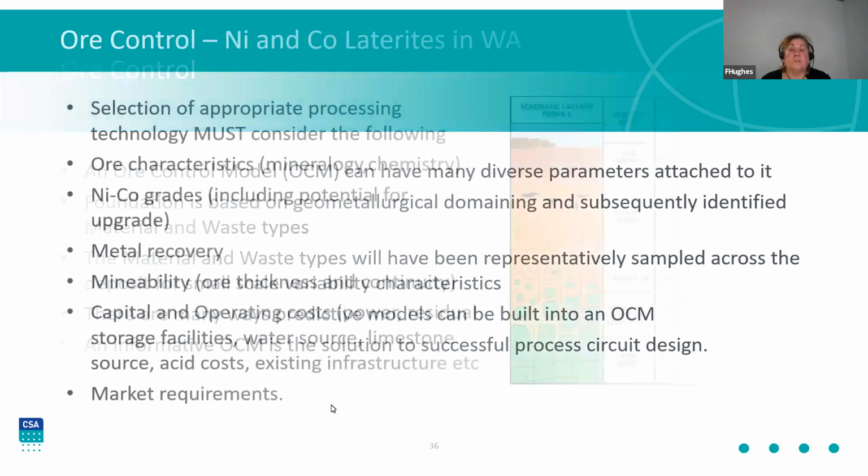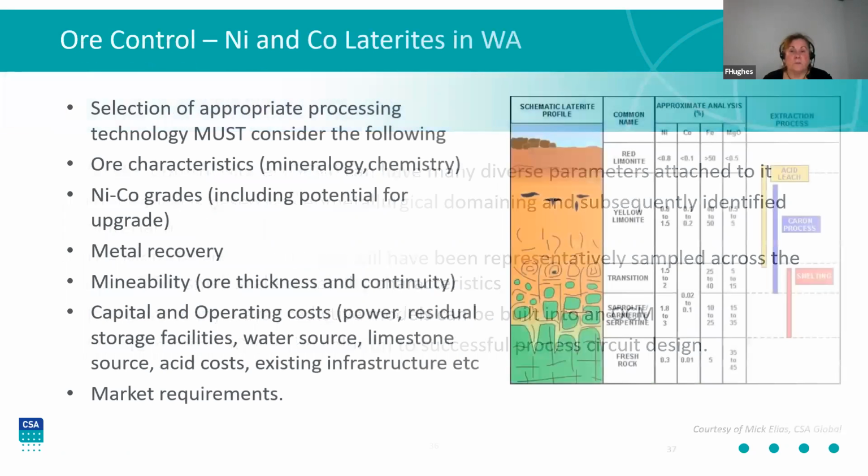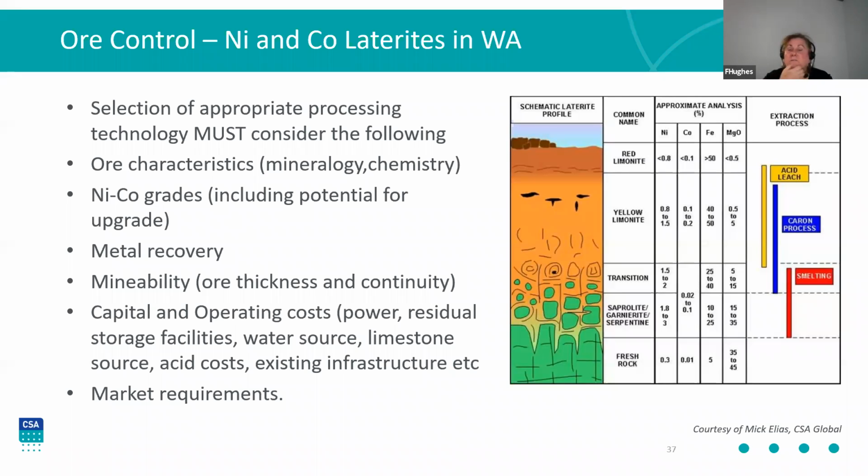So I wanted to go through and give a practical example of how ore control could be used. And I'm picking nickel laterites because they're really complex in many ways in terms of their processing requirements. They have really complex mineralogy.